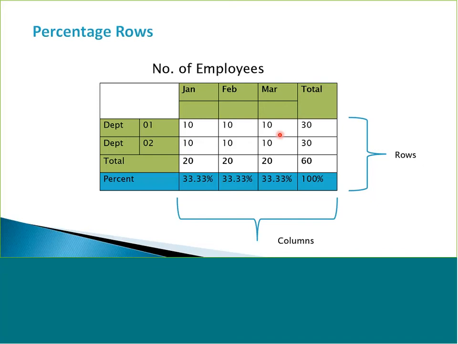So for the first 3 months, we can also assume it's for the whole year. Maybe that makes more sense. But so these are the figures for department 1, and these are the figures for department 2. Down here, in this case, we have two totals. We have a total row and we have a total column, and we're going to see how to use them.